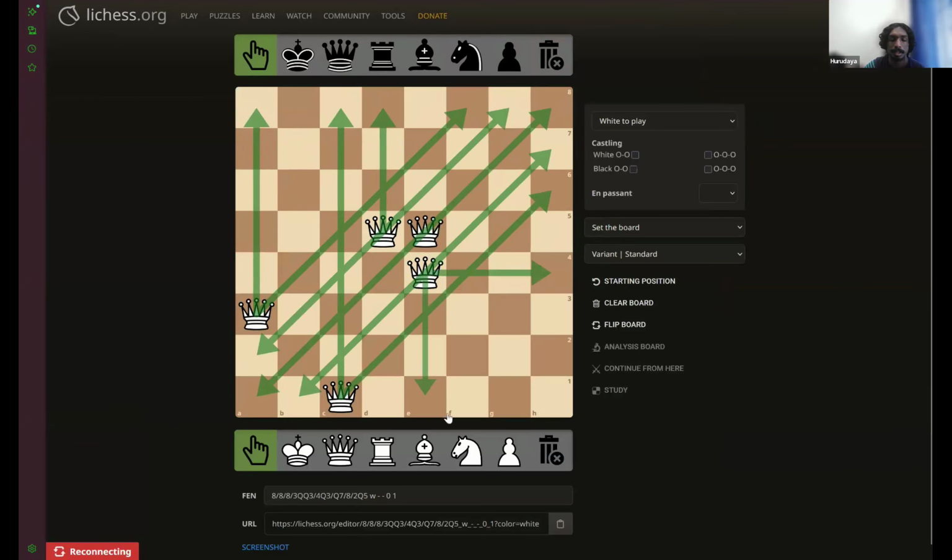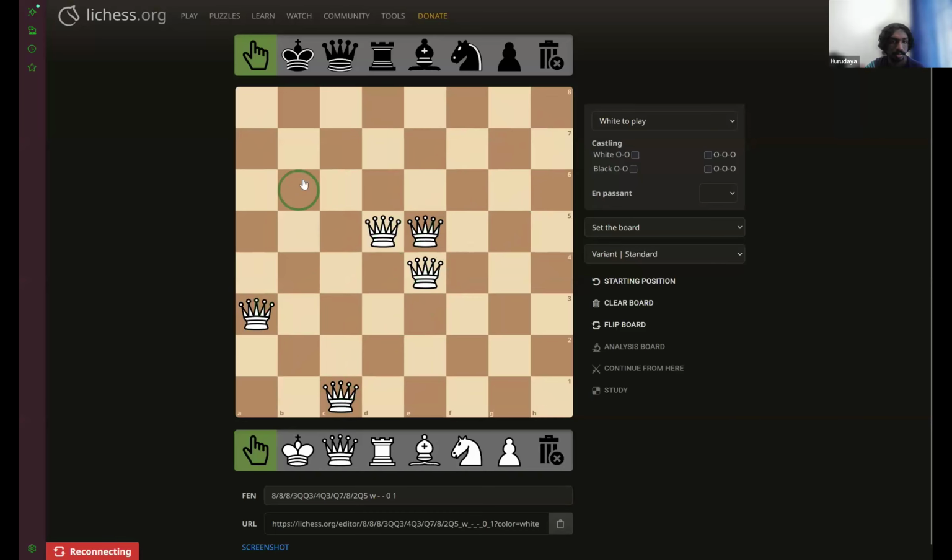But these columns are also covered, and oh no, this one's not valid. Something like this square isn't attacked, right? This square is not attacked by any of these queens.